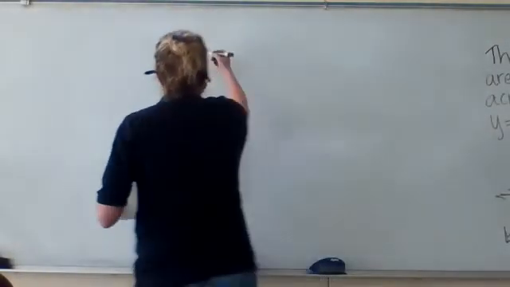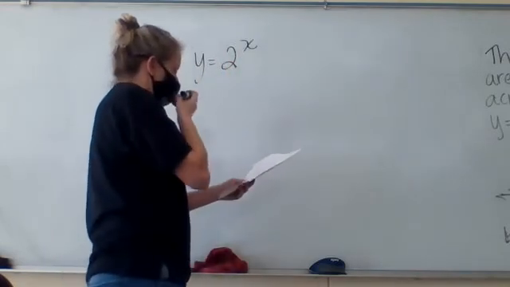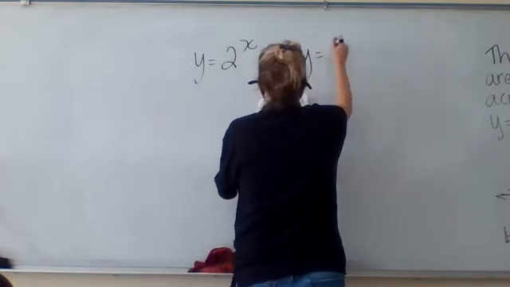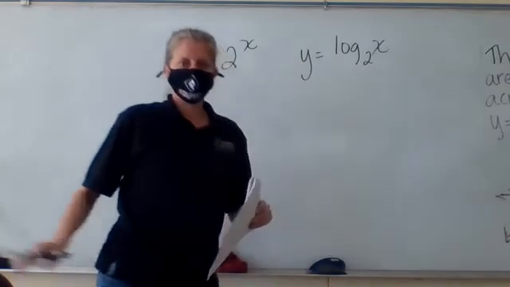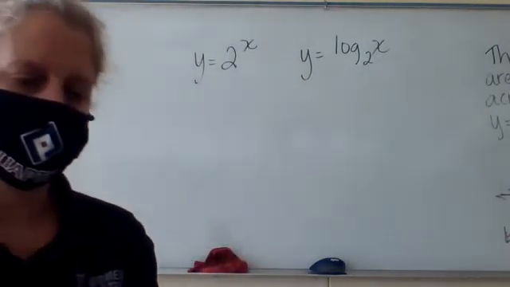So y equals 2 to the x, and the other one is y equals log base 2 of x. So let's look. Go to your y equals, clear it out.